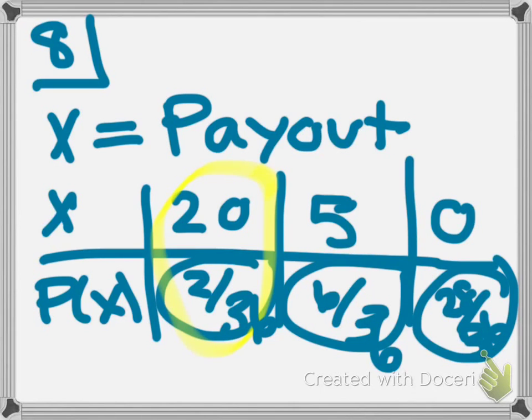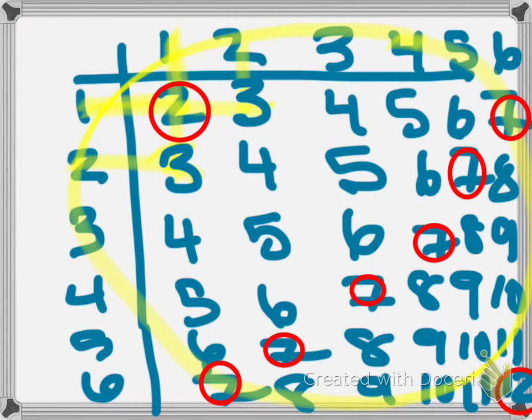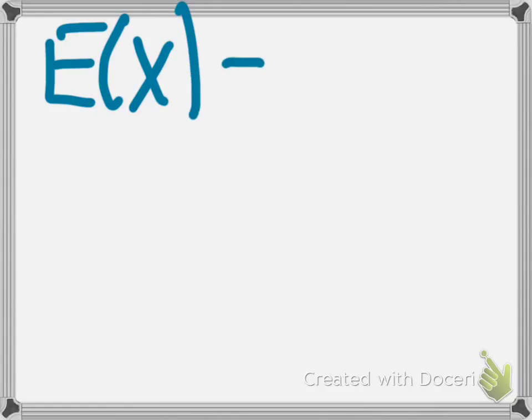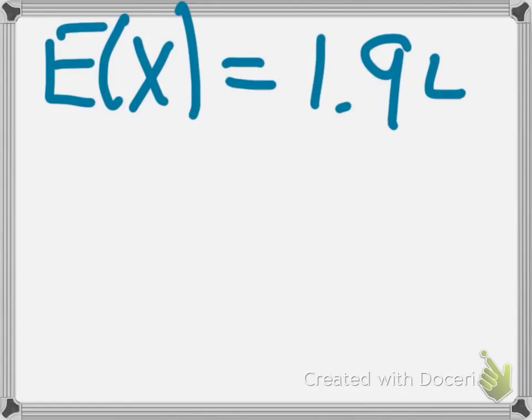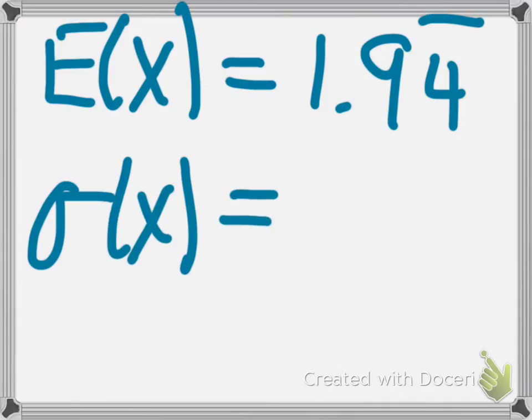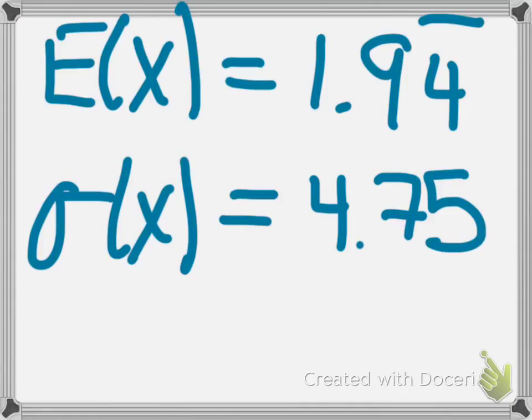Then hit stats, calc, one variable stats, L1 and L2, and then calculate. You can see then that our expected value is 1.94 repeating, and our standard deviation of X is equal to 4.75.